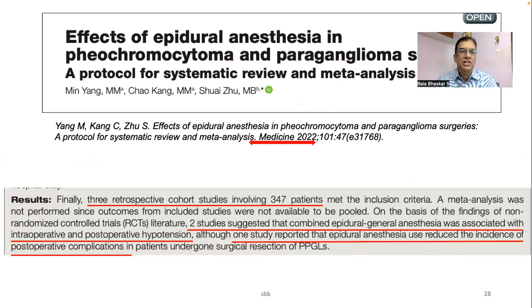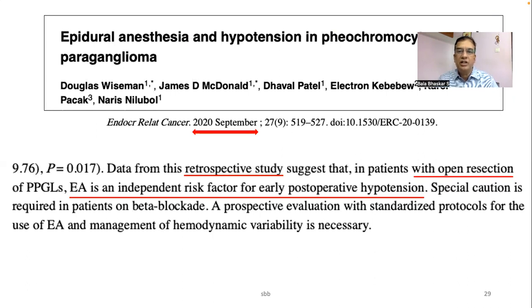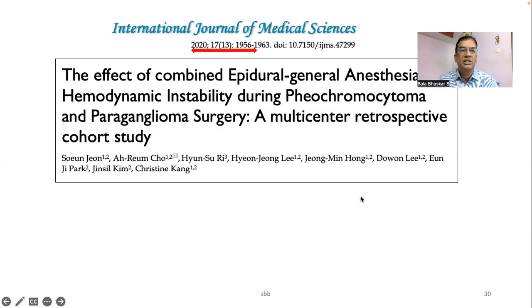For example, this is a report, again retrospective cohort studies, 3 sets of patients. 2 studies in this suggested that combined epidural and general anesthesia was associated with greater intraoperative and postoperative hypotension. Then this was another retrospective study of open resection of pheochromocytoma. They found that epidural analgesia was an independent risk factor for early postoperative hypotension.